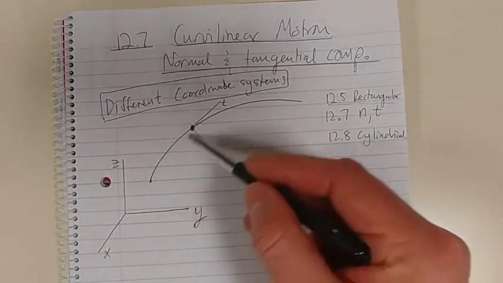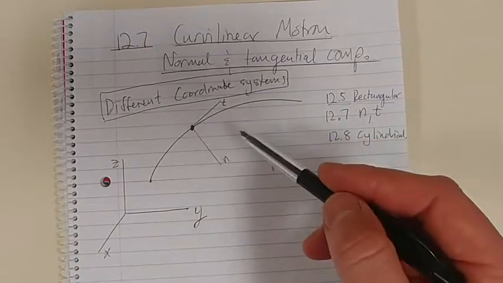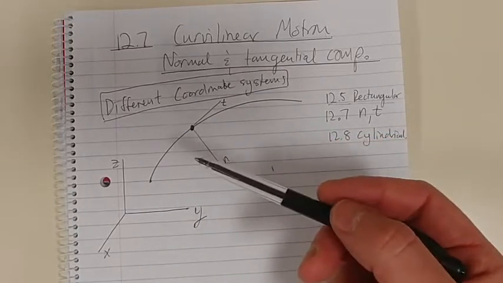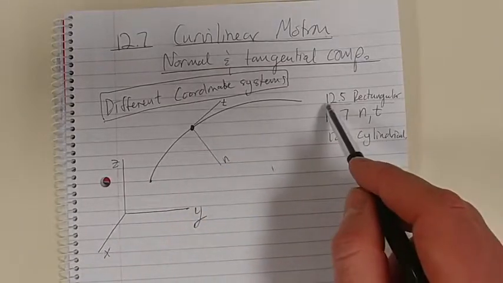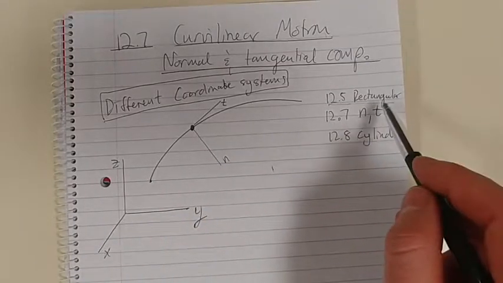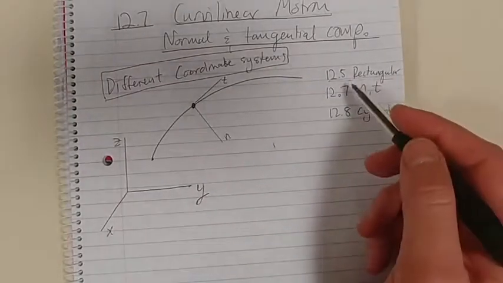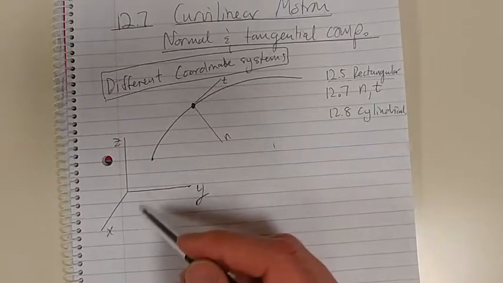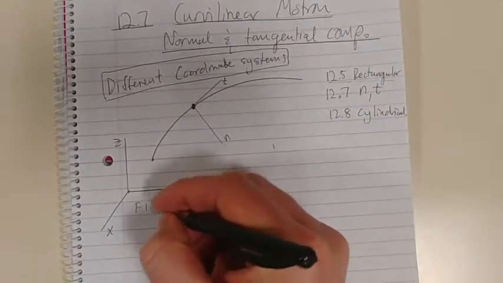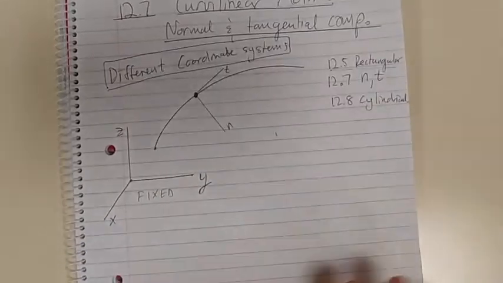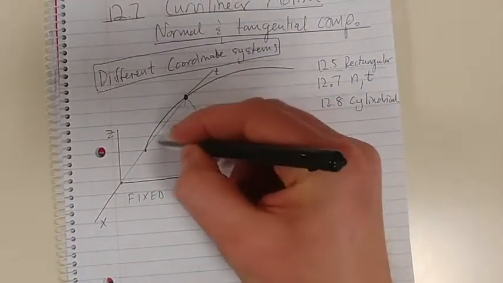We can have exactly the same motion, but depending on the information we have, in one problem it may be better to use a rectangular coordinate system. What was the rectangular coordinate system? We did that in 12.5. You start from the origin and the reference frame is fixed. We asked, what is the position of that particle?